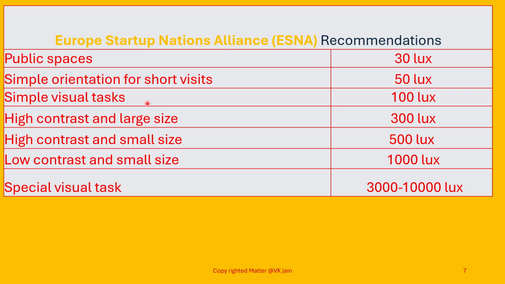Simple visual task 100 lux. High contrast and large size 300 lux. High contrast and small size 500 lux, in case of drawings. Low contrast and small size 1000 lux. Special visual task may be around 3000 to 10,000 lux.